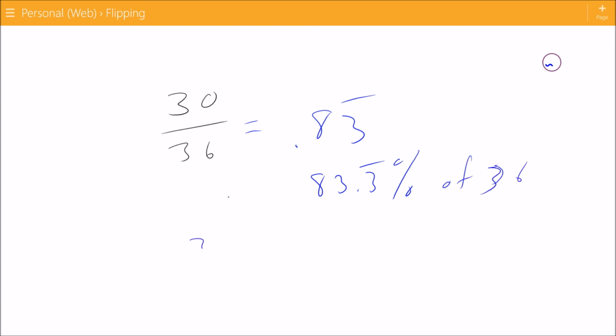Or vice versa, you can do 36 over 30, and then we get 1.2, which is 120%.